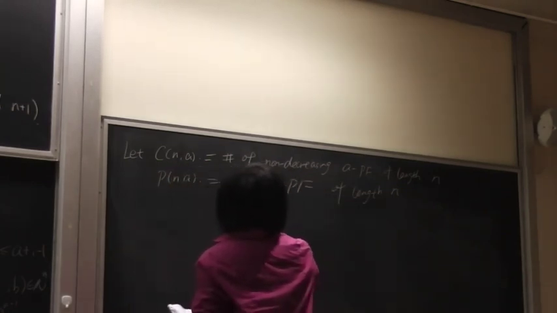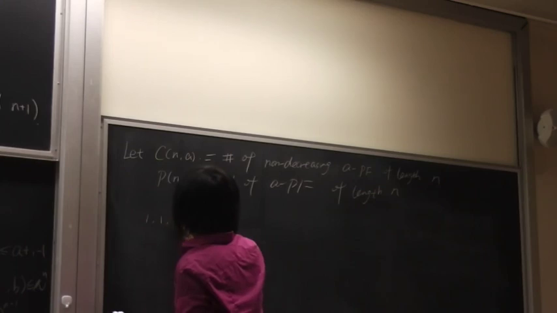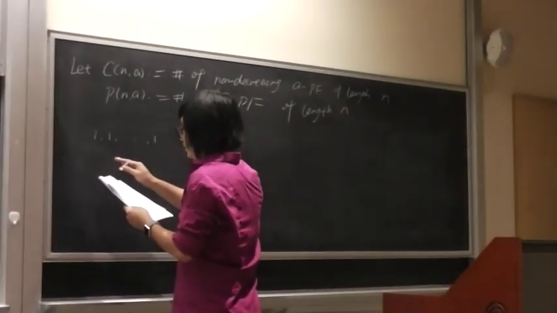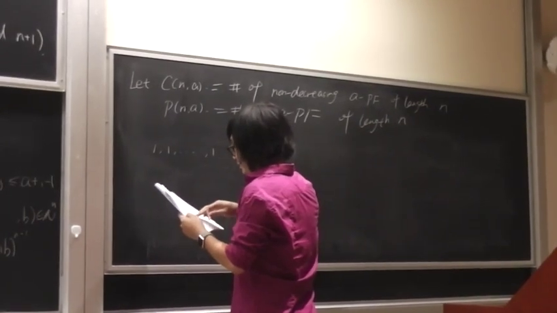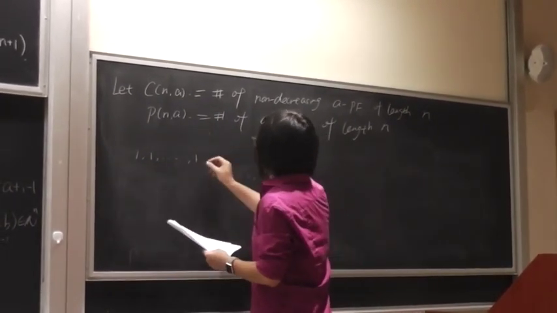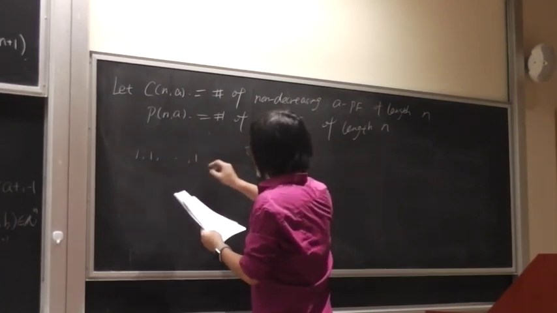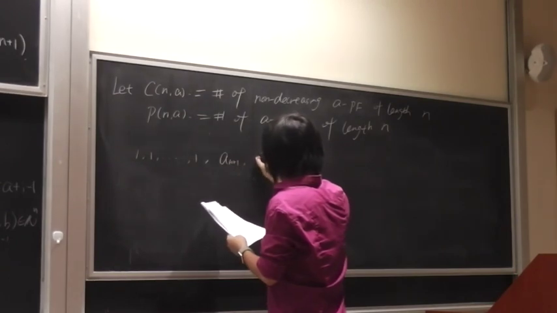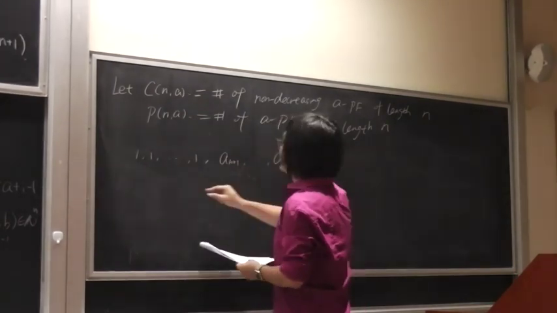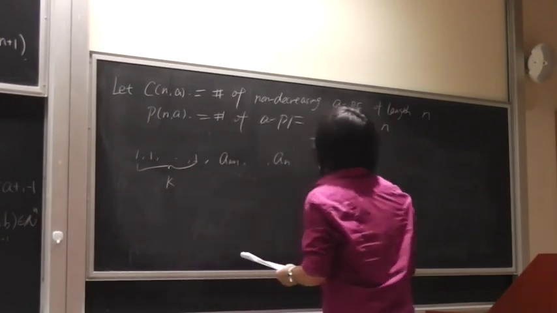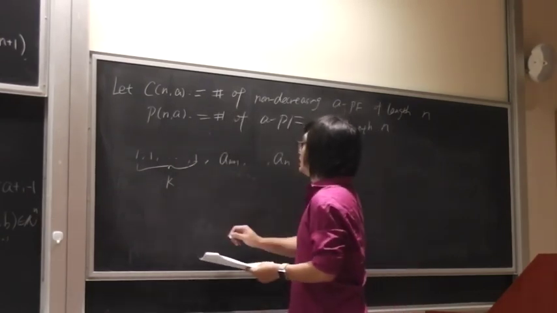For a non-decreasing parking function, it will look like this. There are several ones. If there are k ones here, so we can delete these k ones.